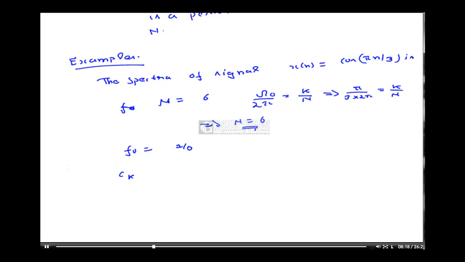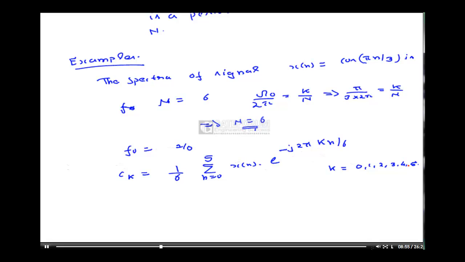I can use the formula 1 by 6 summation n from 0 to 5 xn e to the power minus j 2 pi kn by 6, where the value of k and the value of n will have the same range: 0, 1, 2, 3, 4 and 5.